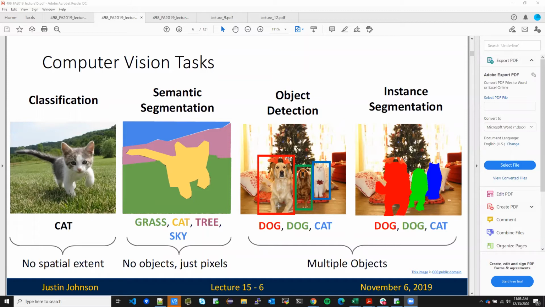For example, in self-driving cars, where are the other cars in the image? Or from a medical perspective, let's say you have an X-ray, and you don't just want to say whether there is cancer or not, but where is the cancer?